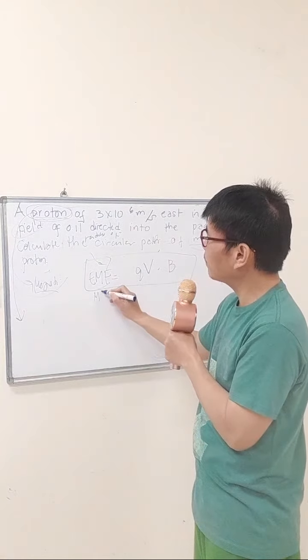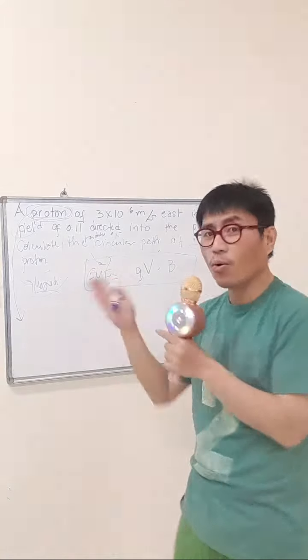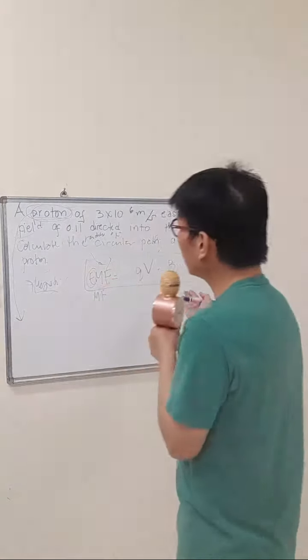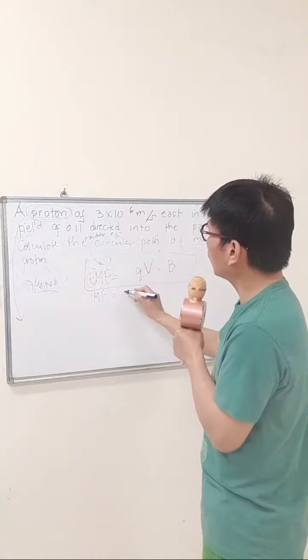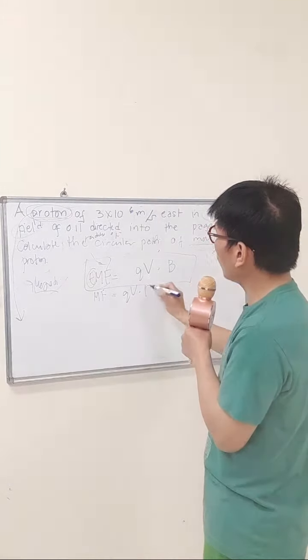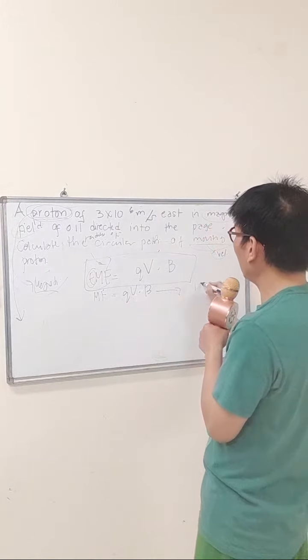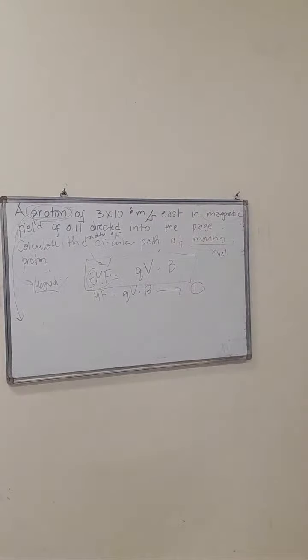You terminate the E because it's zero. So MF is equal to QVB. This is your equation 1. Now try to extract variable to variable.